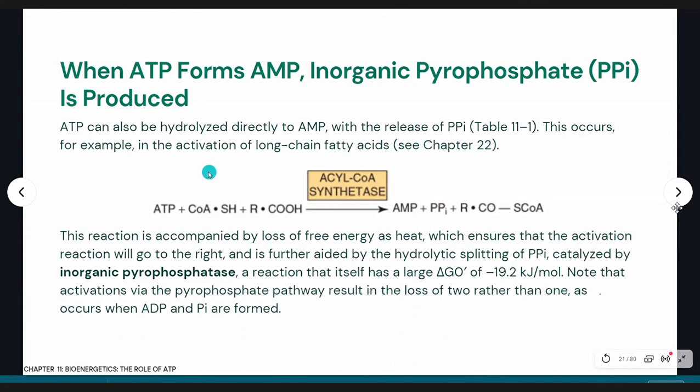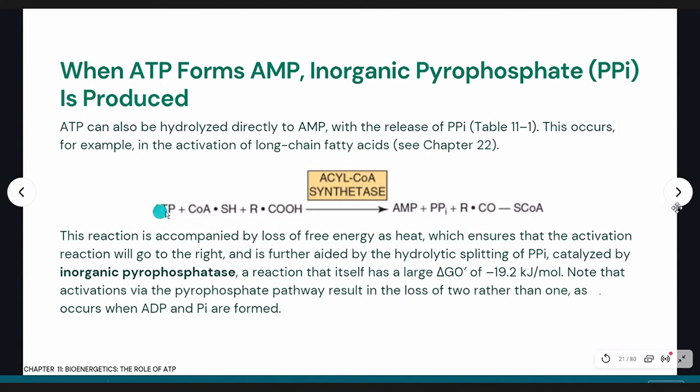This occurs, for example, in fatty acid activation: ATP plus coenzyme A plus a fatty acid, or organic acid, R-COOH. This is a general formula for organic acids. Now this is a coenzyme known as coenzyme A.